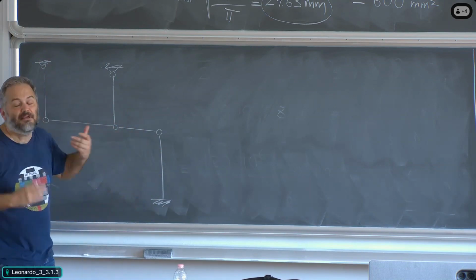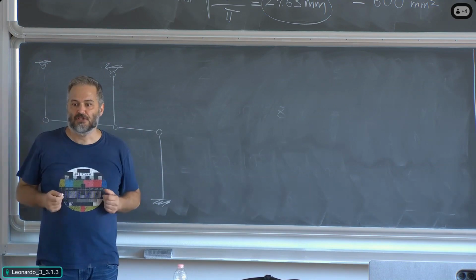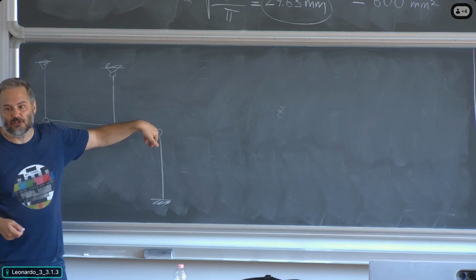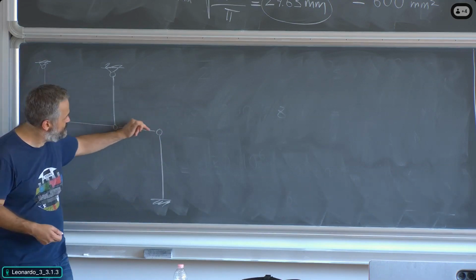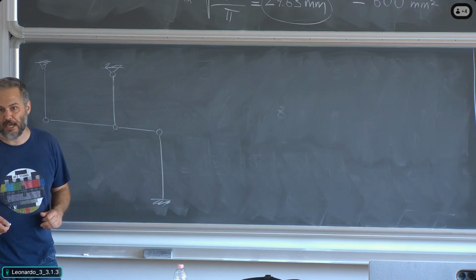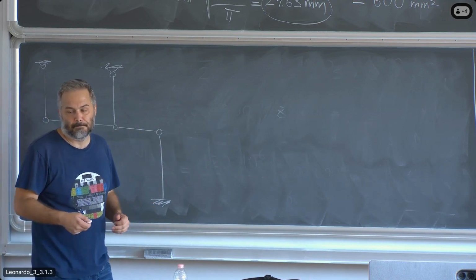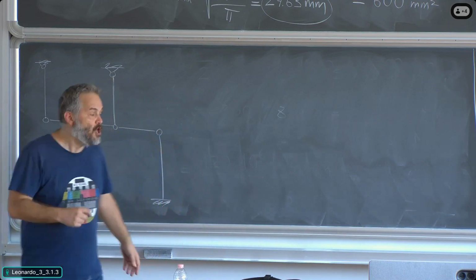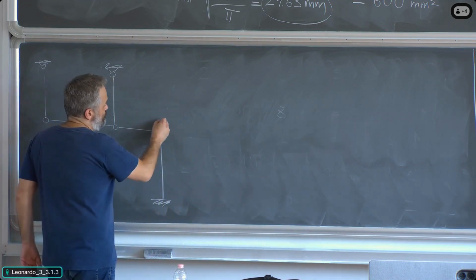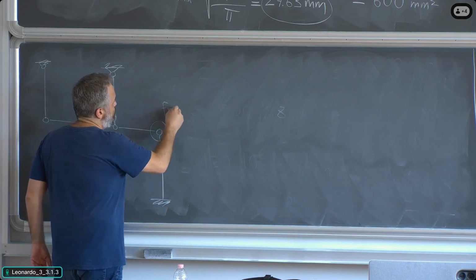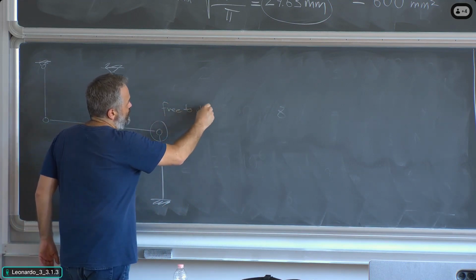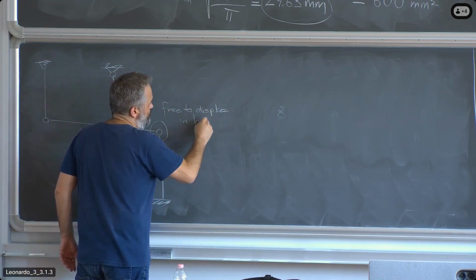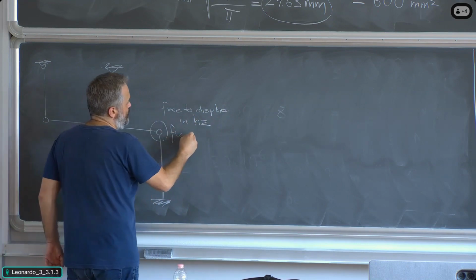Because they are unable, being truss members, to sustain, for example, horizontal loads. If you place whatever horizontal load on the structure, it will move through the beams and then inside the core. It is not so simple, but I just made it simple. Which means basically this is free to displace in horizontal direction, free to rotate.